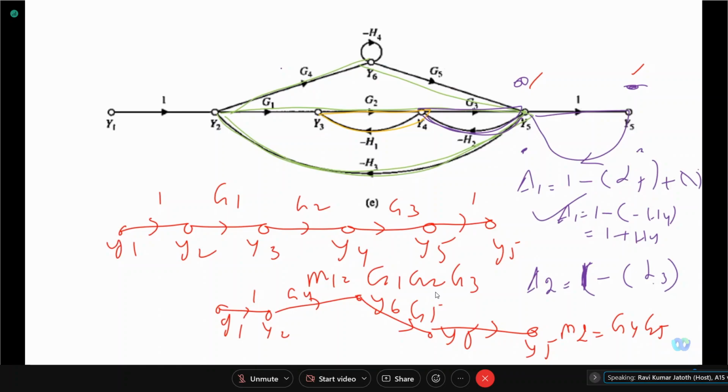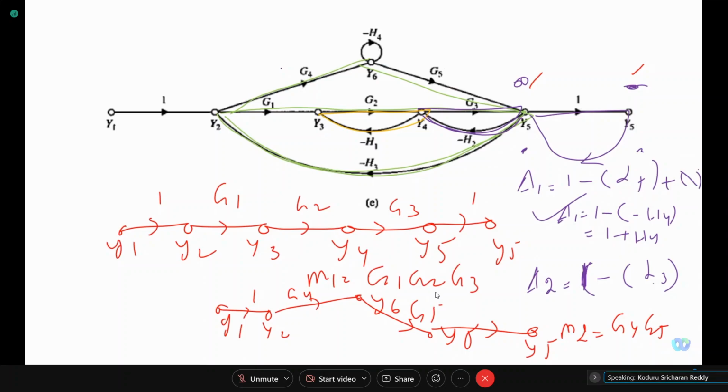So are both transfer functions the same or different, earlier and now? Different, sir. Yes, sir.